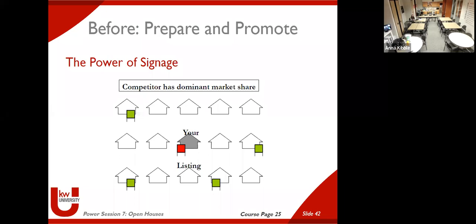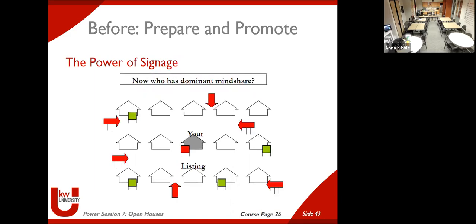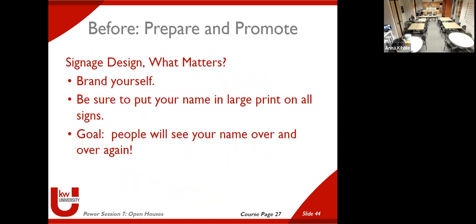Power of signage. We've talked about this. The more signs, the better. So with your signs, you want to brand yourself, put your name in large print on all your signs. People will see your name over and over again.